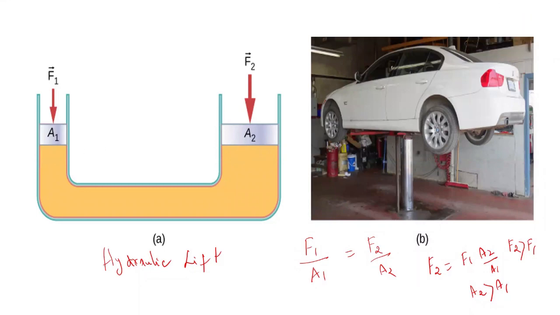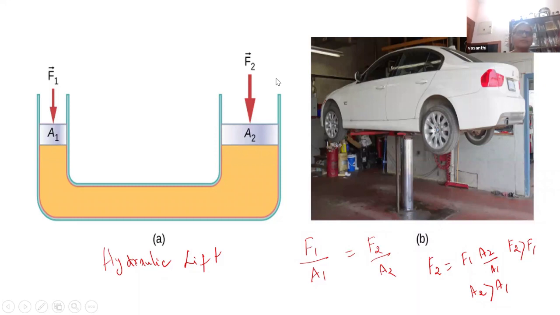This also you should explain; I want you to take this as an assignment. Force is enlarged. Do I violate the principle of conservation of energy, or how do I account for conservation of energy? I'm applying a small force, I'm getting a larger force. Yes or no?